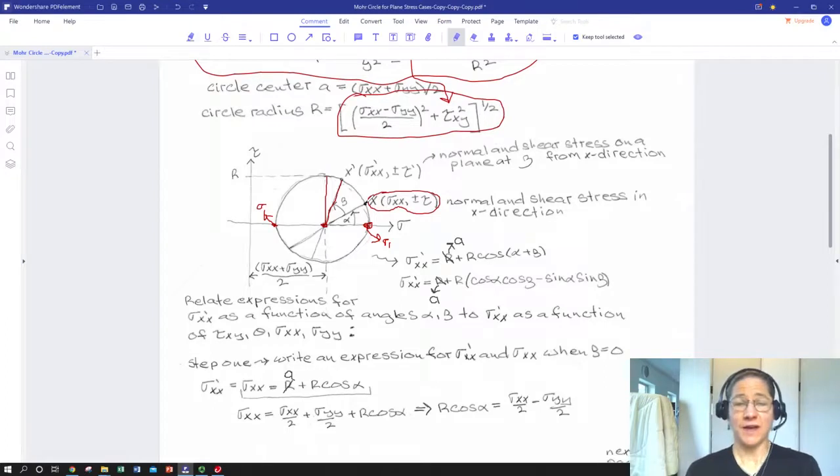We can plot that. In fact, we can go over our applied stress in the x direction, and we can go up or down whatever our applied shear is and get a point here or here on the Mohr circle. Okay, now we can relate our applied stress to our principal normals.